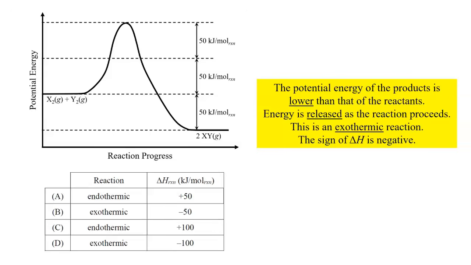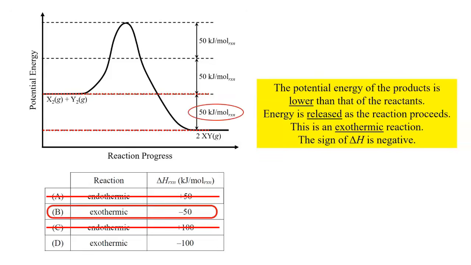Let's go ahead and eliminate choices A and C because they say endothermic. Now, the difference between the reactants and the products is going to be 50 kilojoules per mole of reaction, but that would be a negative number. So the correct answer is choice B, exothermic, and the delta H, or the change in enthalpy for this reaction, is negative 50 kilojoules per mole of reaction.